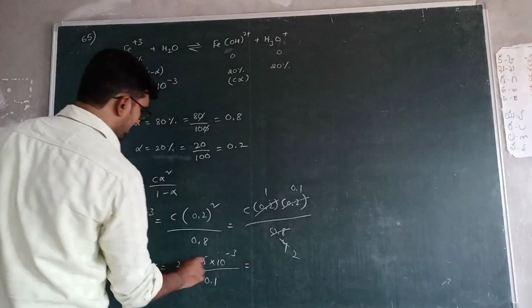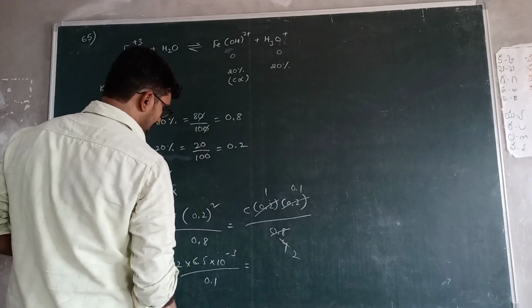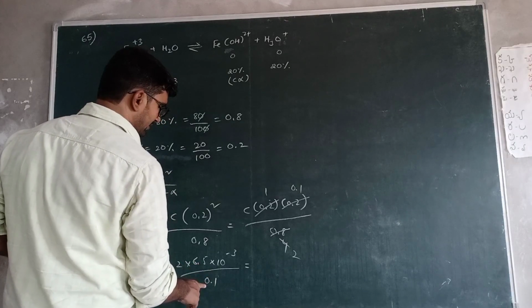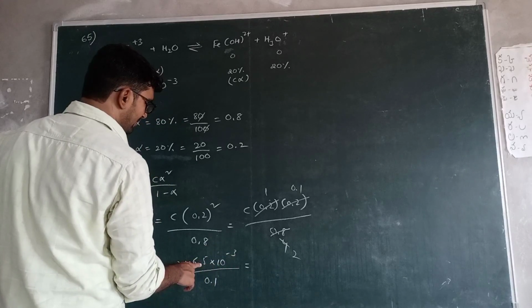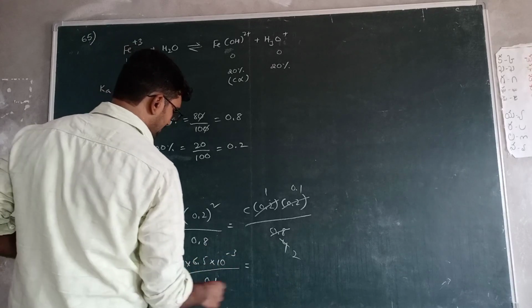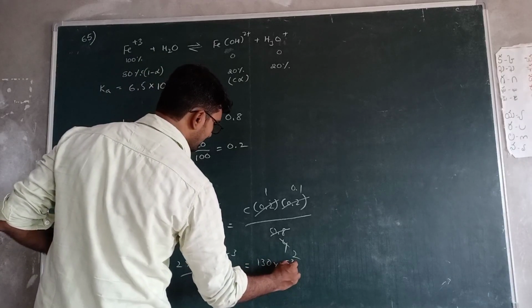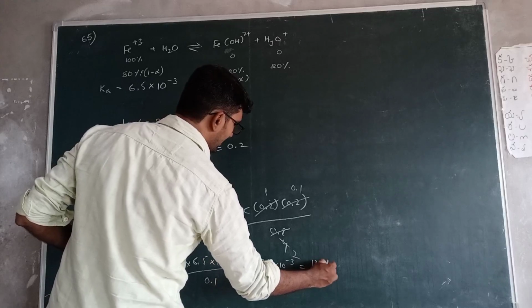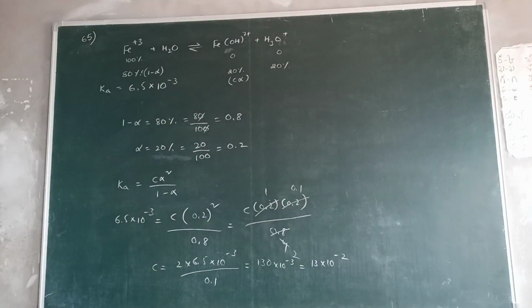So 6.5 into 2 into 10 means 65, 65 twos are 130. 130 into 10 to the power of minus 3, that is 30 into 10 to the power of minus 2. This is the C value.